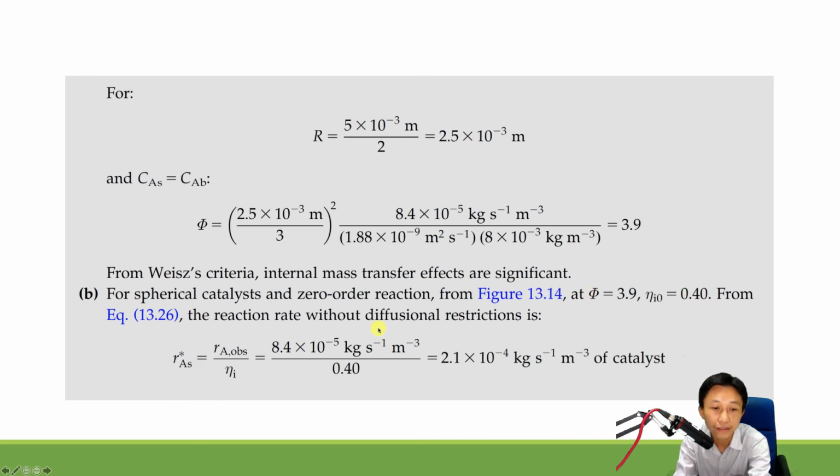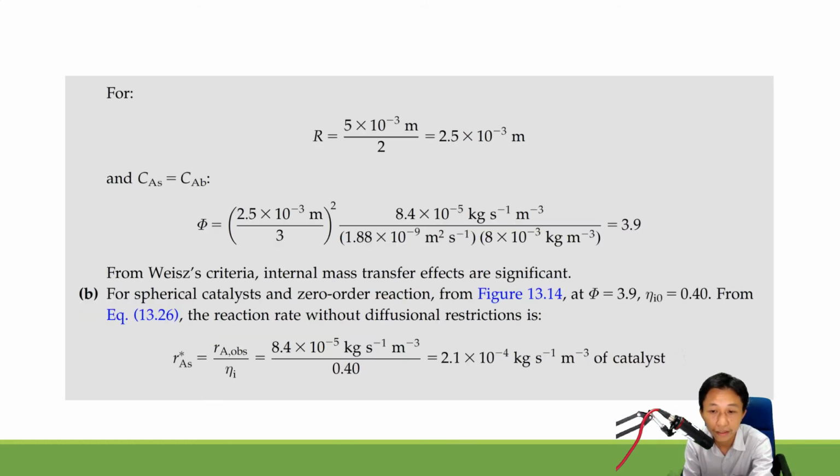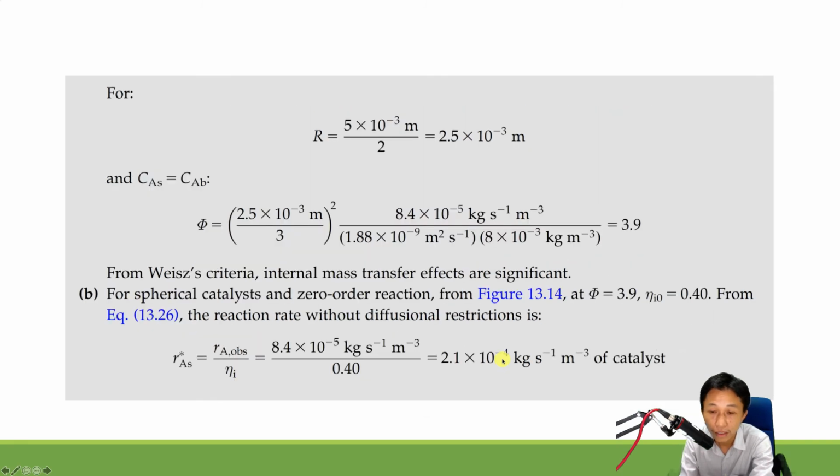Then we put in, this is the rate of reaction without diffusion restriction, without internal mass transfer, 2.1 times 10 to the minus 4 kilogram per second per cubic meter of catalyst.